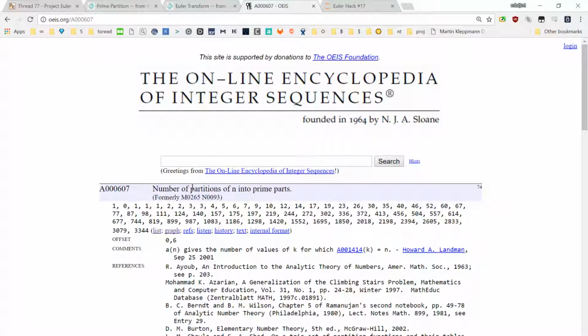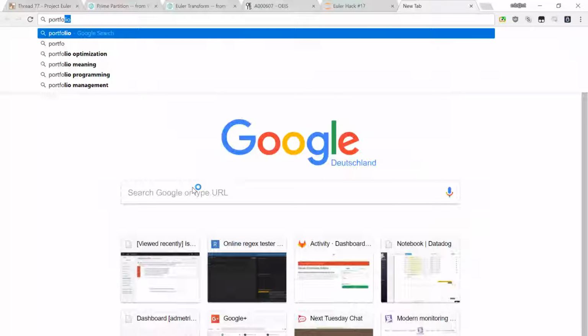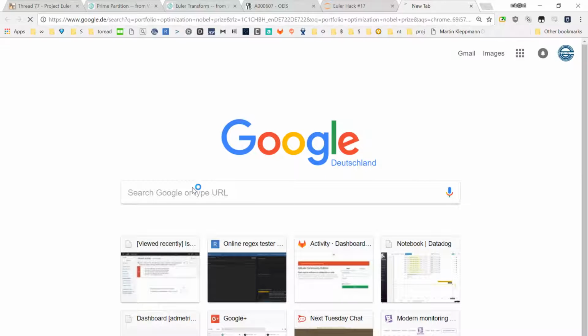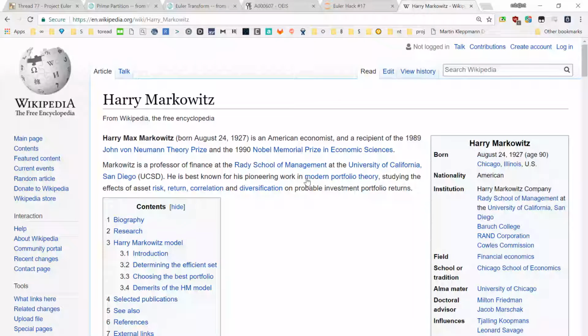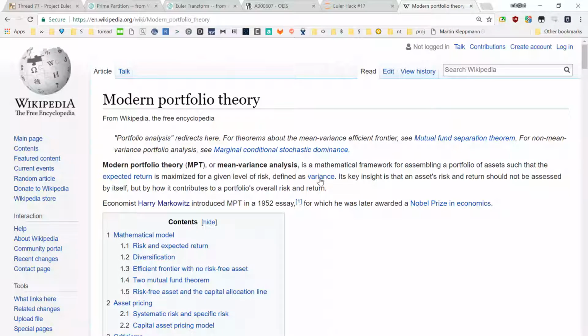Yes. Yeah, Markowitz. Nobel Prize of Economics. Not sure if it's too much related, but you can solve a portfolio optimization using the quadratic.